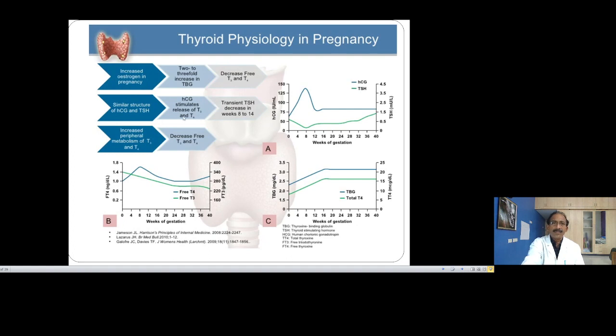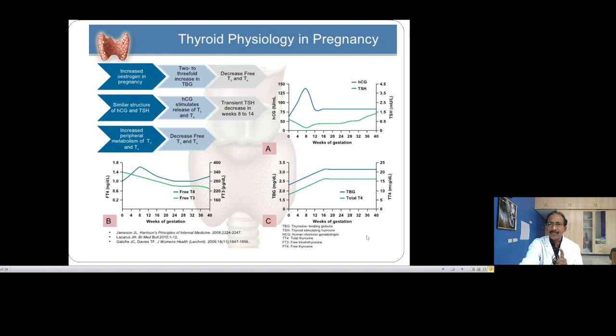So there is an increase in estrogen by 2 to 4 times, and HCG and TSH have similar structure, so it can stimulate the thyroid gland. In peripheral metabolism, there is a decreased conversion from T4 to T3. There is also increased thyroid hormone binding level. This can affect thyroid function tests.